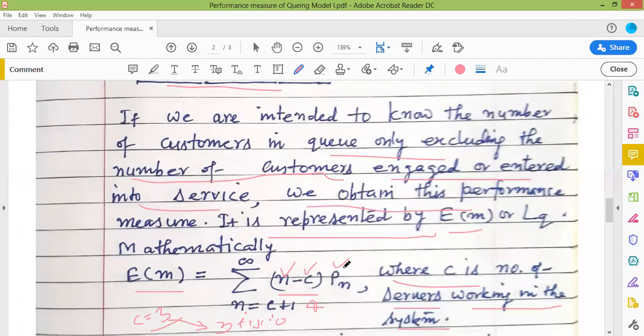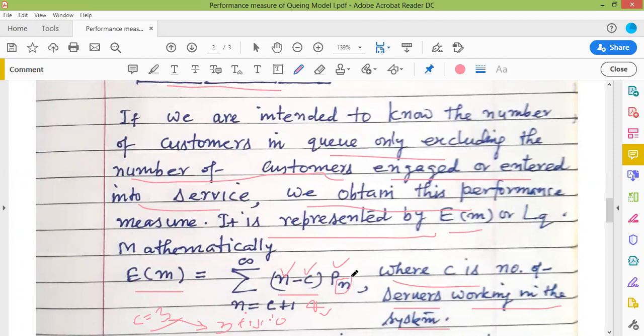And what is the probability? The probability will be Pn, where n is general and means the number of customers. If you are interested in the fourth customer, this will be P4. If you are reaching the fifth, this will be P5.